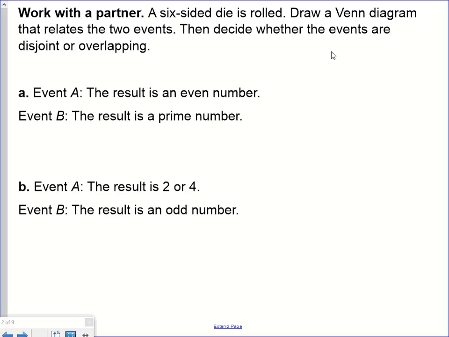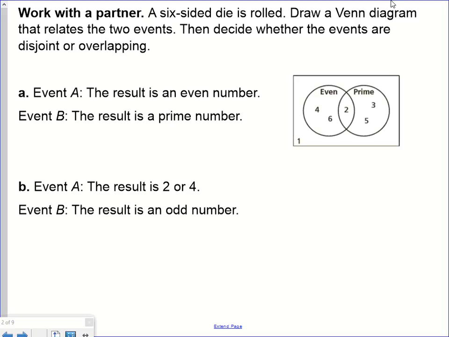Now think, is there anything that is both even and prime? 1, 2, 3, 4, 5, or 6. So 2 goes in both circles because it's even and prime. 3 and 5 just go in the prime circle because they are prime numbers. 4 and 6 go in the even circle. And then we even have to leave ourselves room to put a number outside of the circle.